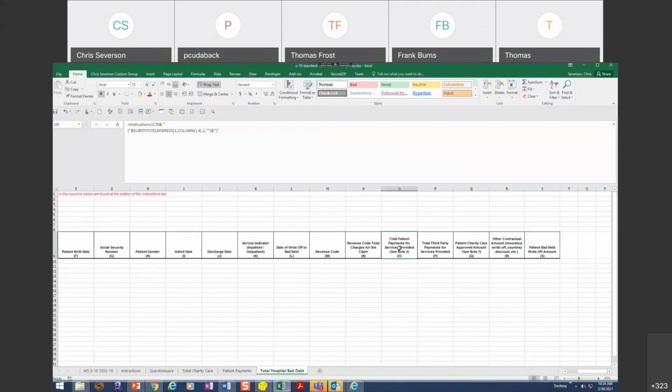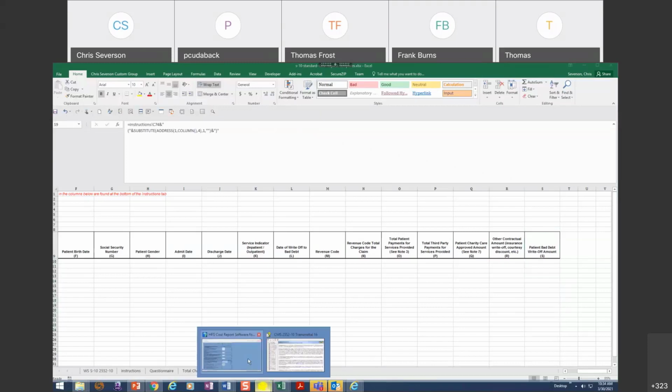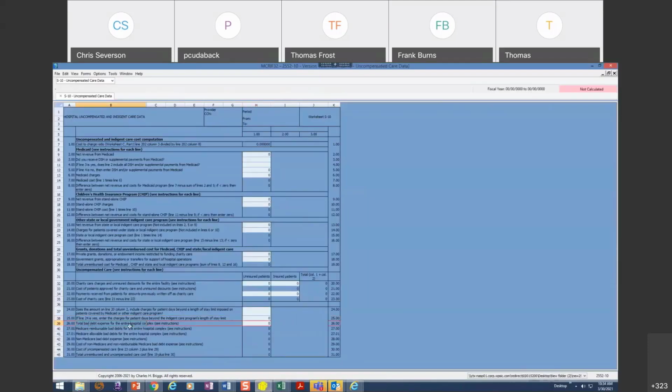So that's just one more disposition for these charges. They paid some, third party paid some, maybe some was approved for charity care, insurance write-offs and all the other stuff, but then there might be a residual amount for bad debt. This is, of course, what we're looking for on line 26. Going back to the HFS here, we have line 26, total bad debt expense for the hospital complex. And I want to make a very strong point that that expense verbiage is actually not correct.